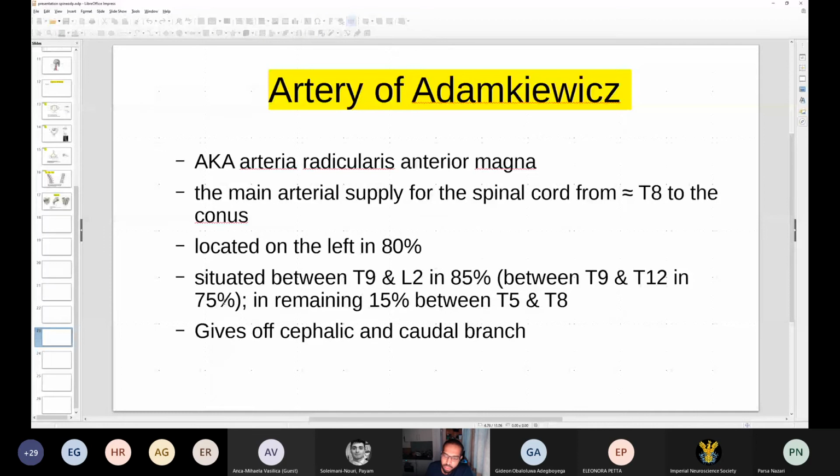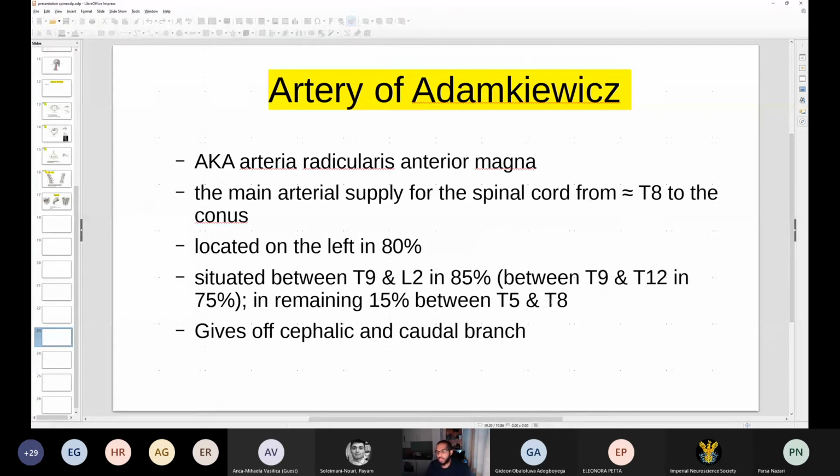In 75% of people, it ends at T12. So here it's going all the way down to L2, but in some subjects it ends at T12. In the remaining 15%, it's relatively short. It's from T5 to T8, and it lies higher. So instead of starting at T9, it starts all the way up at T5, but also ends prematurely at T8.